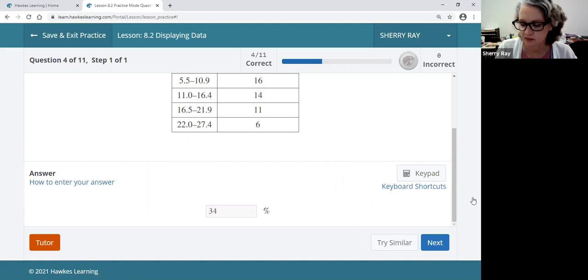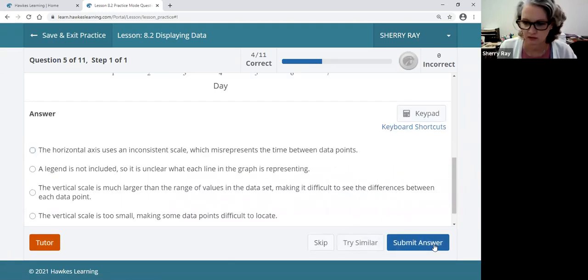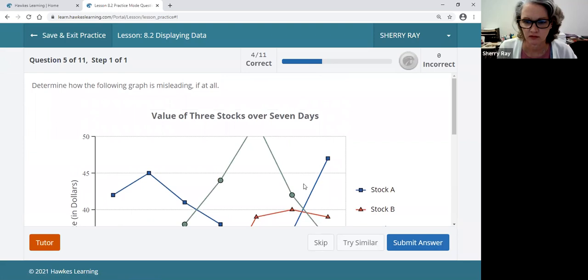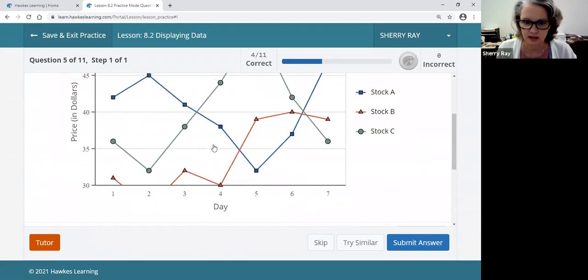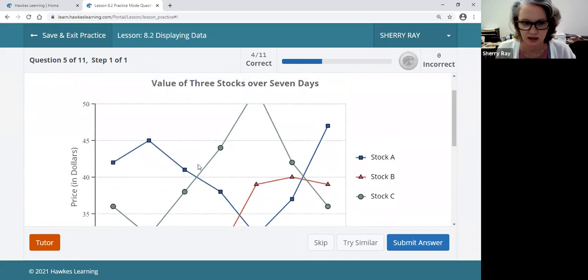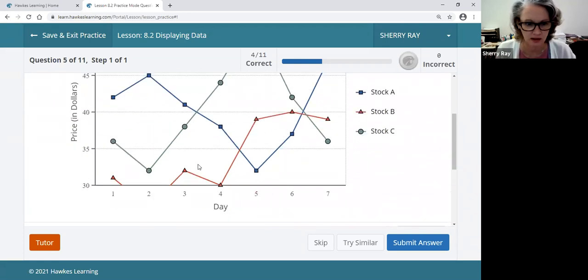Next one. Okay, determine where or how the following graph is misleading at all. So let's see, it looks like the bottom of it is cut off. That's stock B, so I can't really see anything there. I see that it's scaled off.